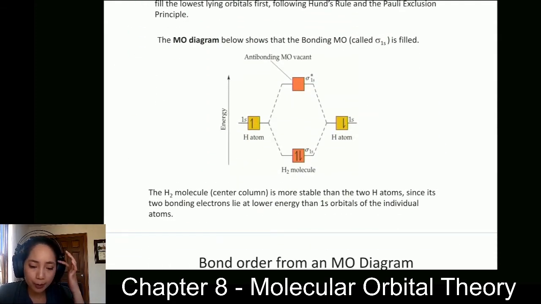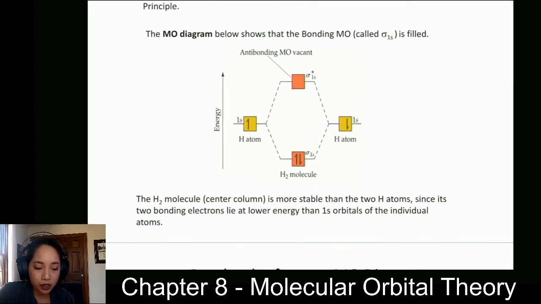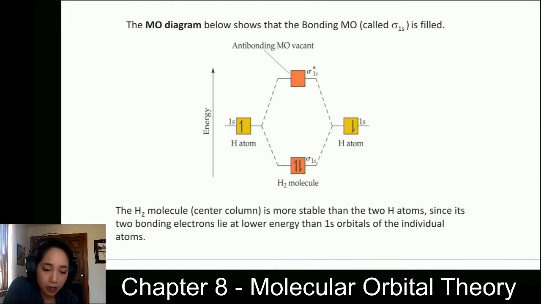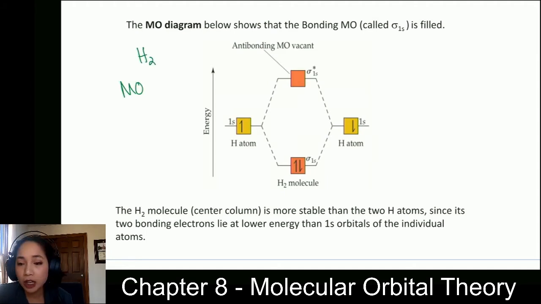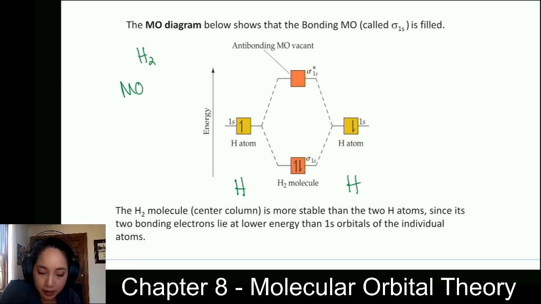So let's look at an MO diagram for a hydrogen atom. This is the MO diagram for diatomic hydrogen, H2. Hydrogen only has a 1s electron. That's it. So it's the simplest case because there's only one electron to take into account. We have two atomic orbitals coming together.